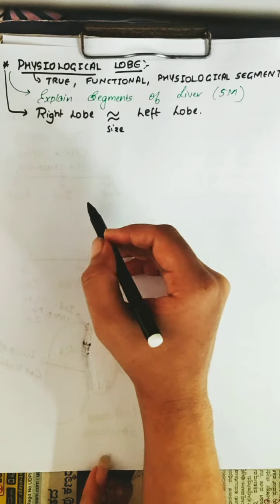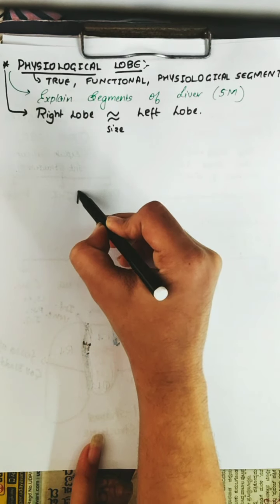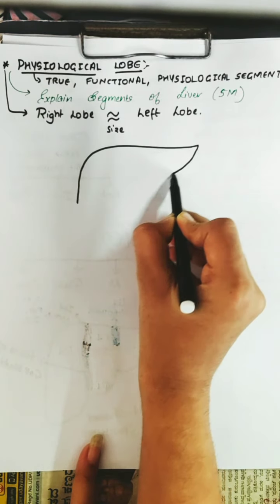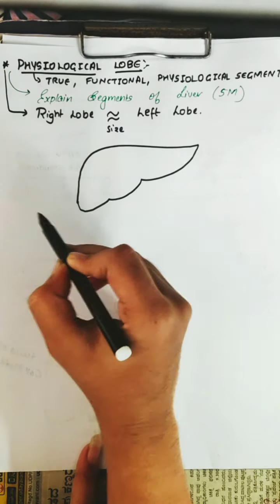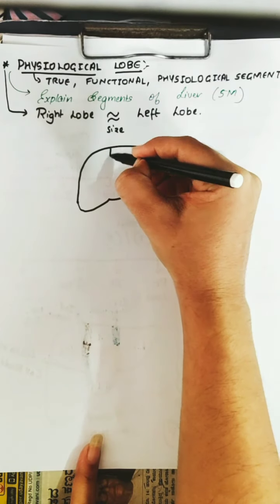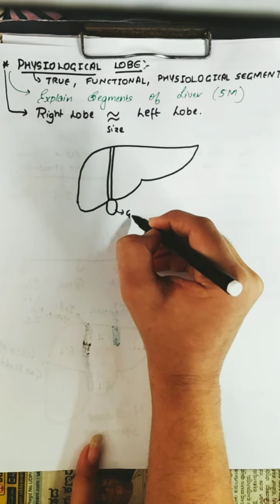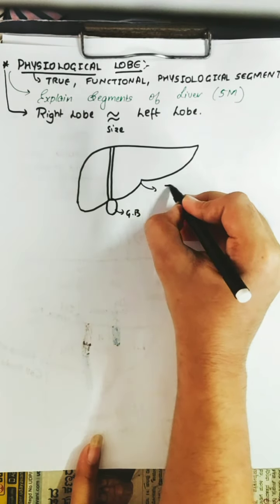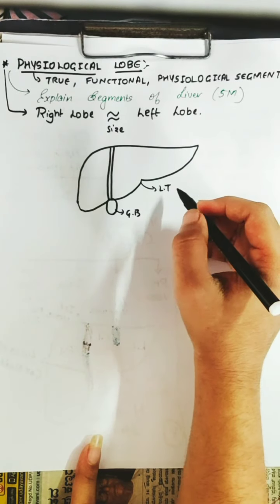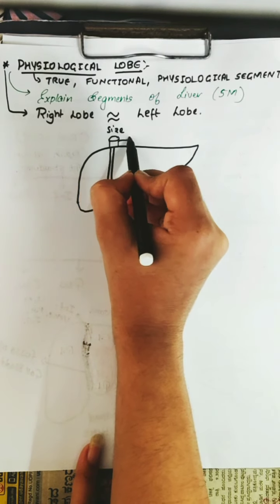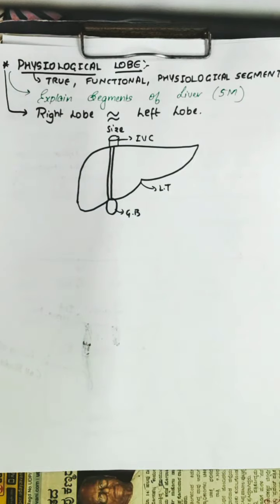We'll discuss the three surfaces deeply. Okay, if this is the liver, this is the gallbladder, this is the ligamentum teres notch, this is the inferior vena cava.